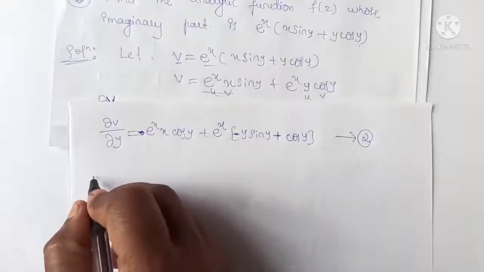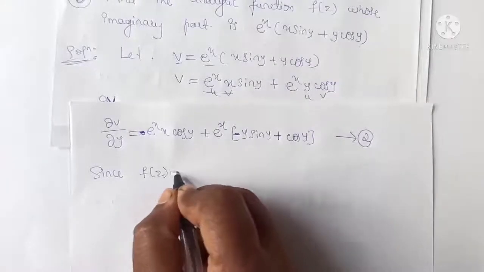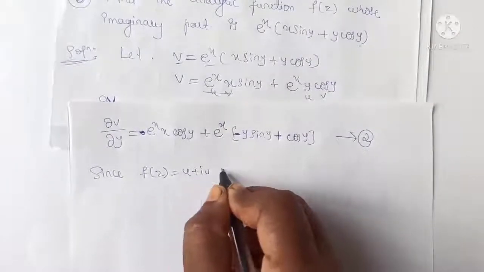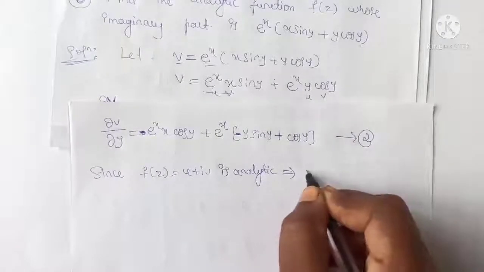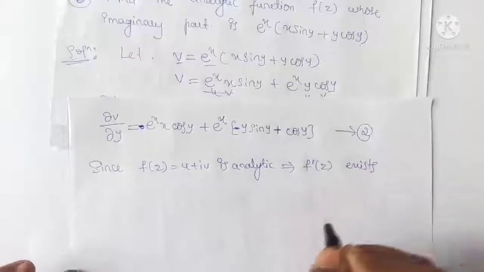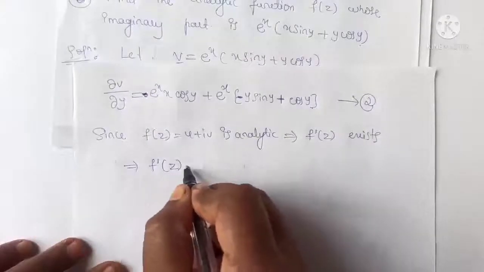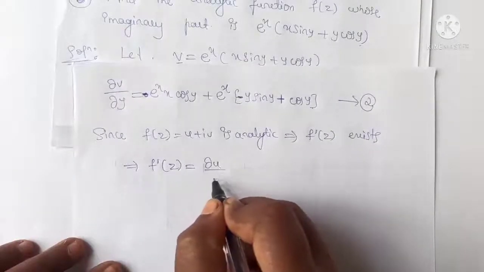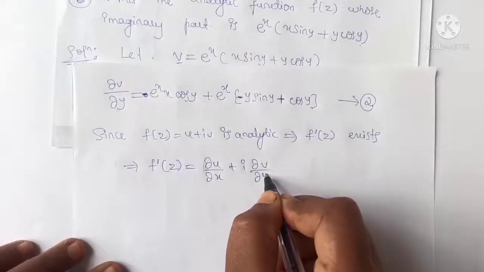Now since f(z) is equal to u plus iv is analytic, it implies that f'(z) exists. Okay, so therefore f'(z) is equal to ∂u/∂x plus i ∂v/∂x.